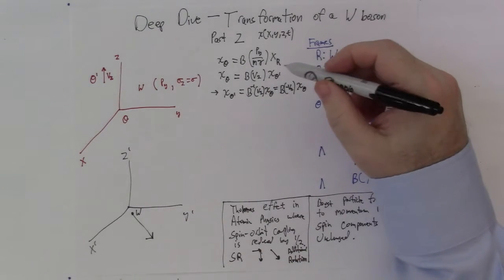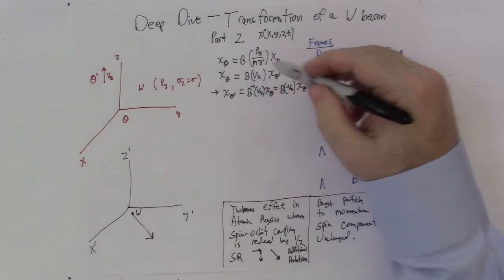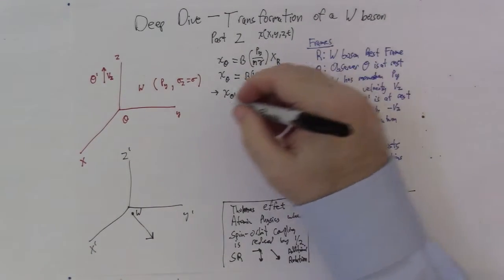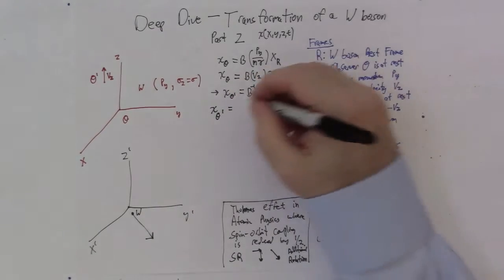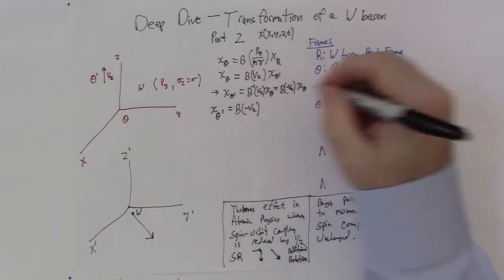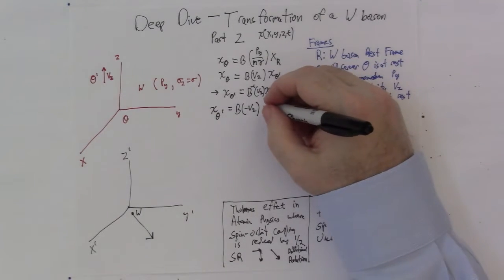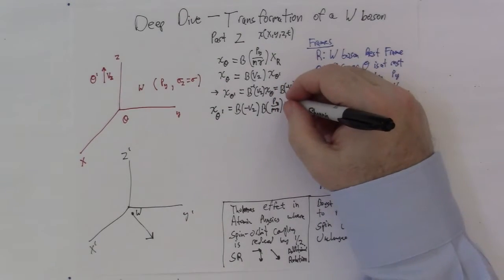So now we can substitute xo from here and we can get the relationship that we want, essentially the final coordinate transformation. Xo prime is B minus Vz times B Py over m gamma times xr.